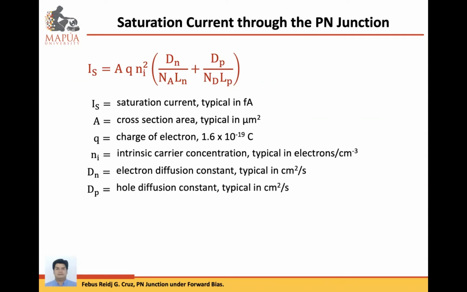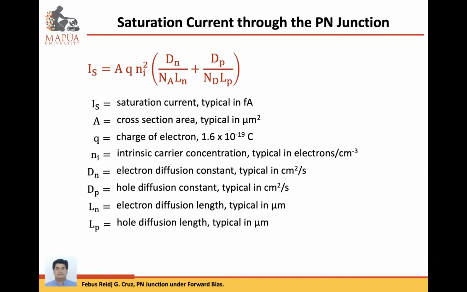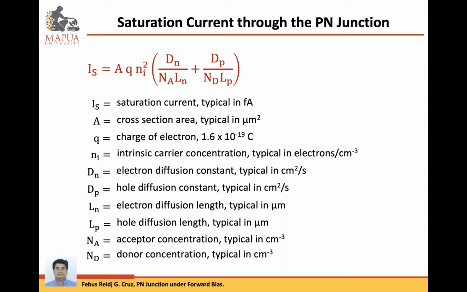Dp is the hole diffusion constant in terms of cm square per second. Ln is the electron diffusion length, typically in micrometer. So kung gaano kalaki yung size ng semiconductor natin, no? While Lp is the hole diffusion length, typically also in micrometer. And Na is the acceptor concentration in per cubic centimeter, and Nd is the donor concentration in per cubic centimeter.